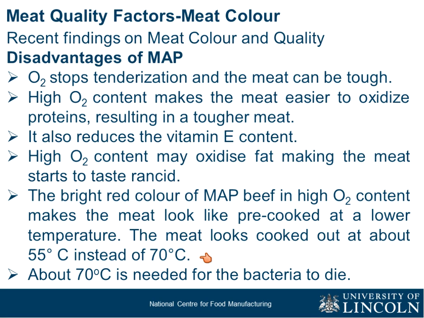Yeah, the second question is just looking into the MAP packaging. What prevents the meat from going to the third stage through to the myoglobin stage? Now, what is preventing that is the oxygen content. You have created an environment for the meat. The oxygen is there, and the oxygen will prevent that from happening.